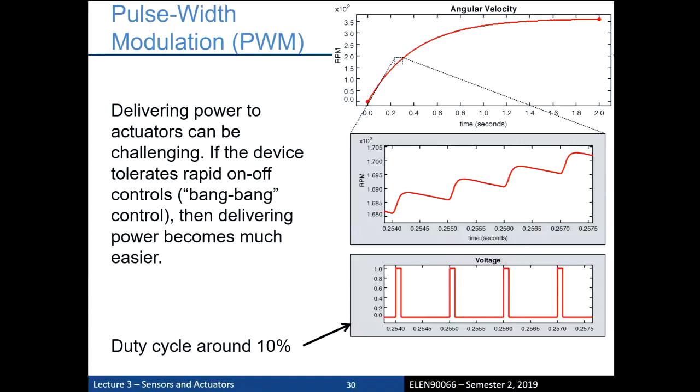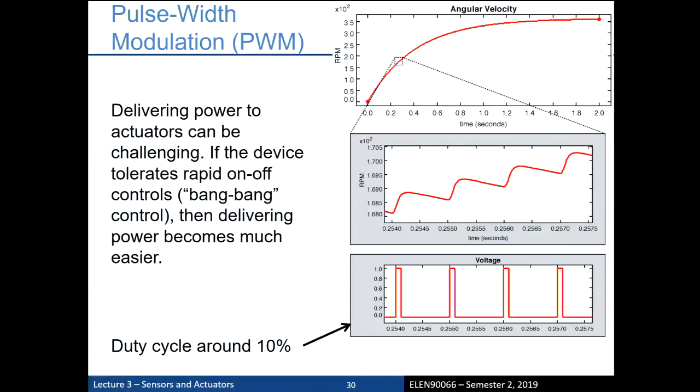If you look at the middle graph now, that's a zoomed in part of the RPM, or the angular velocity, of the motor. By pulsing the motor, you are essentially giving it little steps up, and then it steps down a little bit as the RPM drops off due to friction.